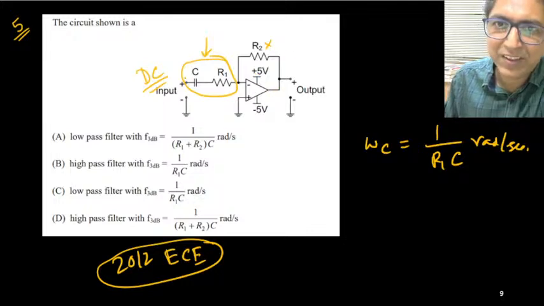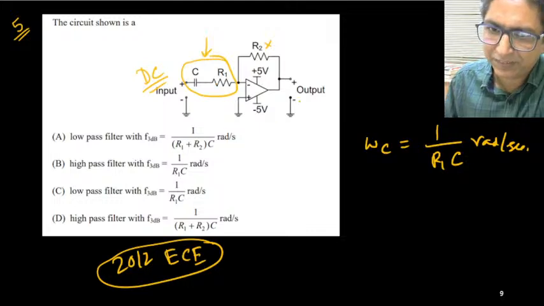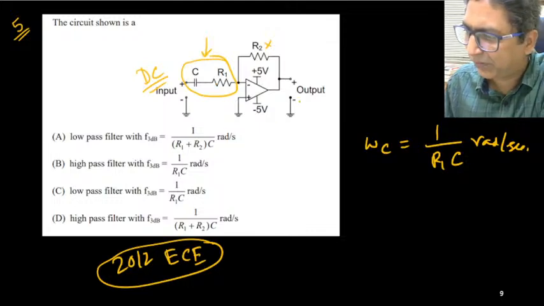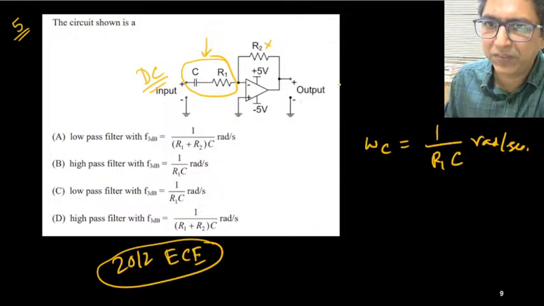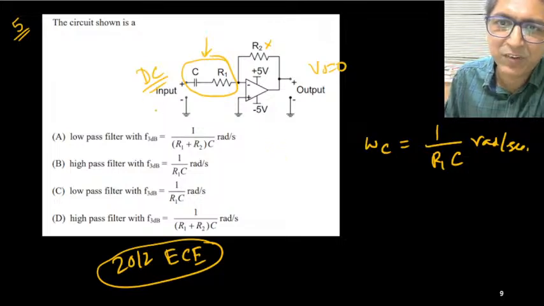So for DC or low frequency signal, it is behaving as open circuit. Right? So what will happen? Output is completely 0. For DC, output is 0. But if we consider very high frequency AC, capacitor is behaving as short circuit.